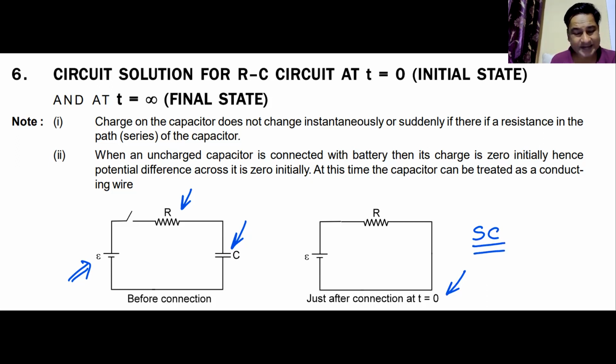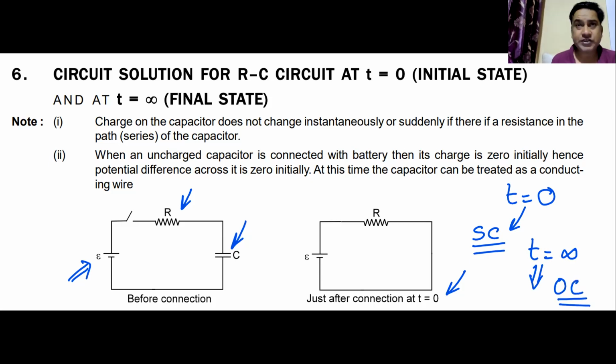Whatever branch the capacitor is in, that branch will behave as if there is no capacitor in there at all. Do we know this? Yes, sir. So at time t is equal to 0, the capacitor behaves as a short circuit, and at time t is equal to infinity, that means when the capacitor has got charged, it will behave as an open circuit. Do we know this? Yes, sir.